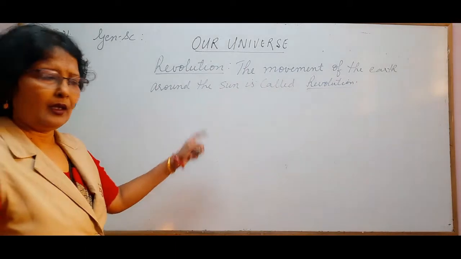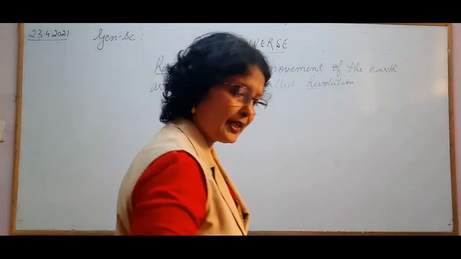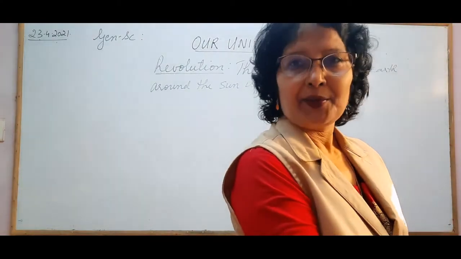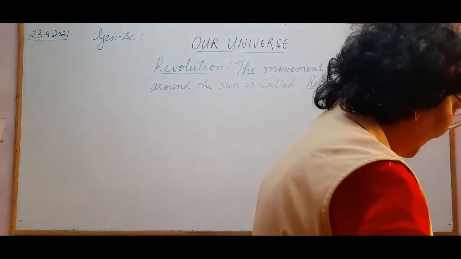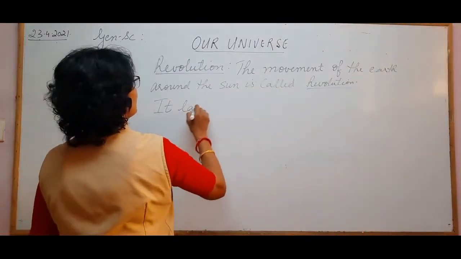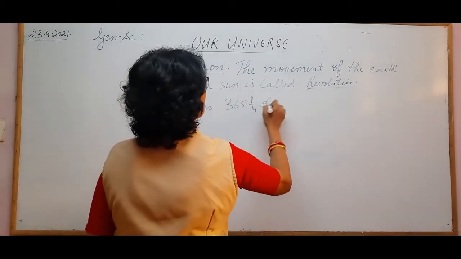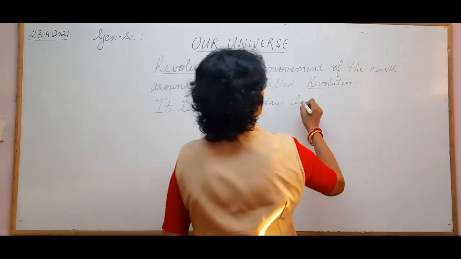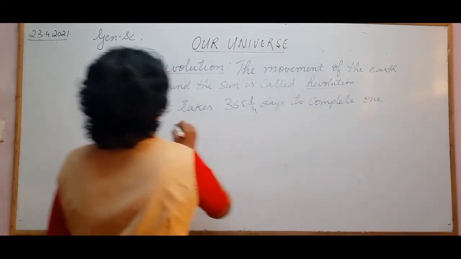How much time does it take to complete one revolution? It takes 365 and 1/4 days to complete one revolution.